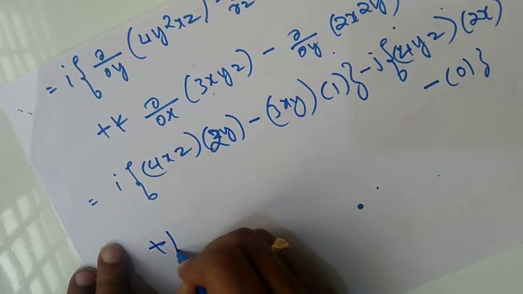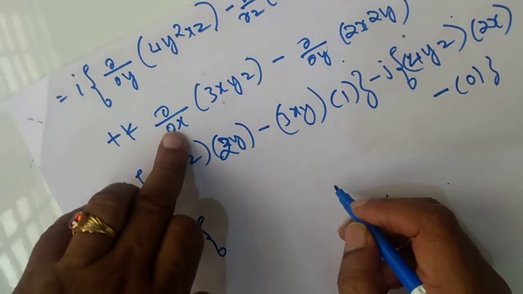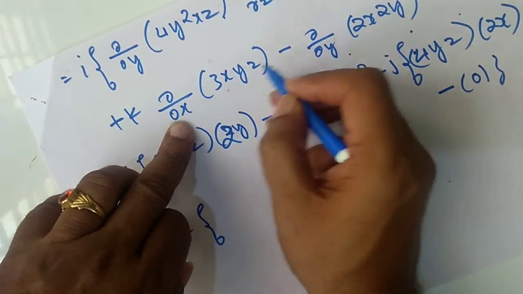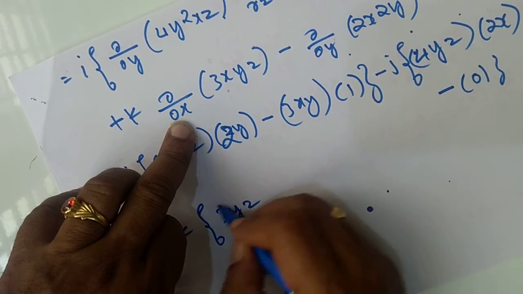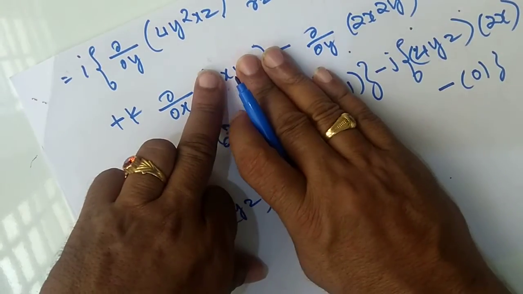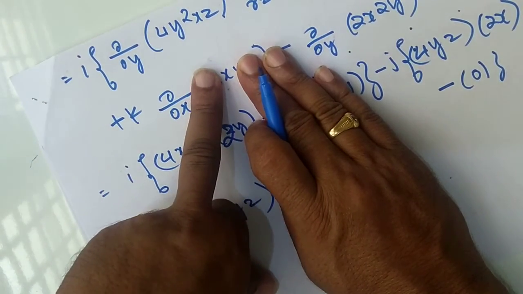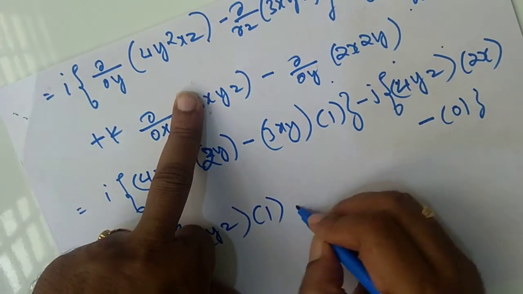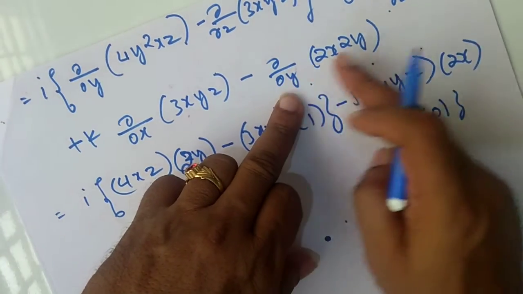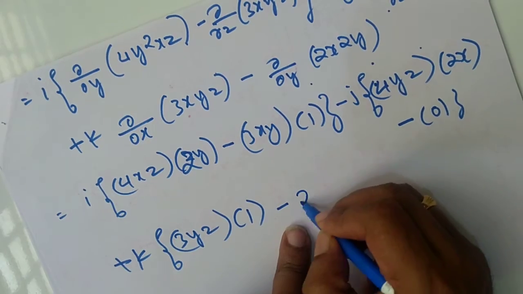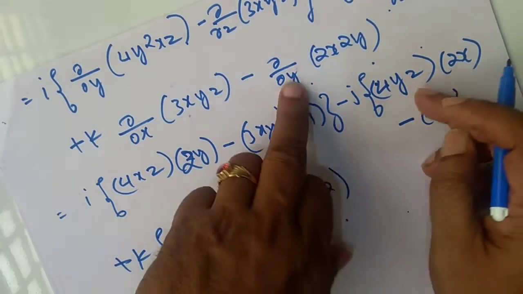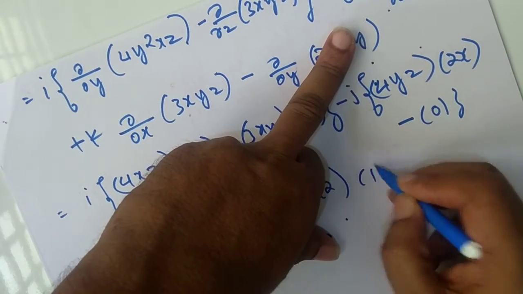Now plus k into, observe, with respect to x, 3yz is constant, take it outside. So only x remains, differentiation of x is 1. Minus, with respect to y, 2x squared is constant, differentiation of y is 1.